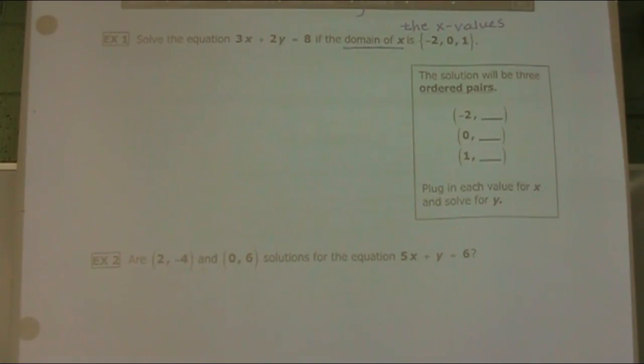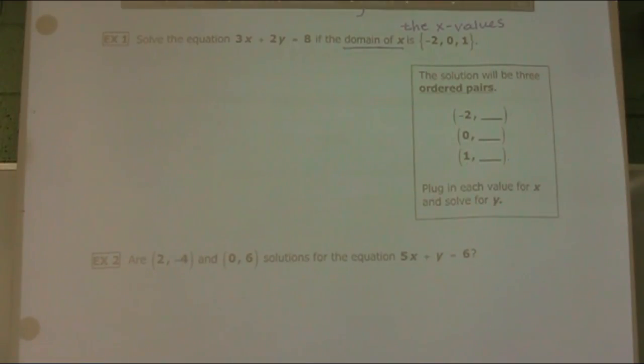We just need to figure out what it is. So I can figure out infinitely many points because there's infinitely many x's, but there's only one y that goes with each x. So first of all, my points would be set up like this in ordered pairs. These are my x values, so I put the -2, the 0, and the 1 in the x position in the ordered pairs.